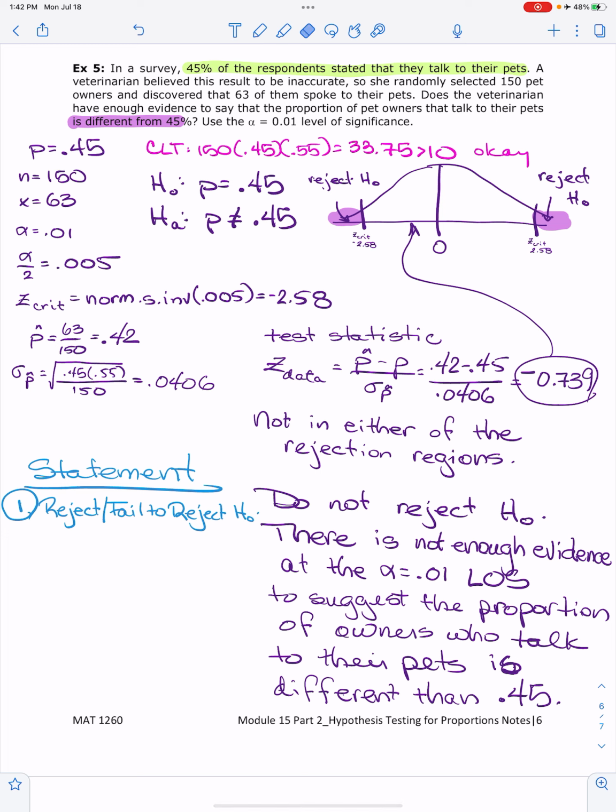Second thing we're going to state, whether there is or is not enough evidence.